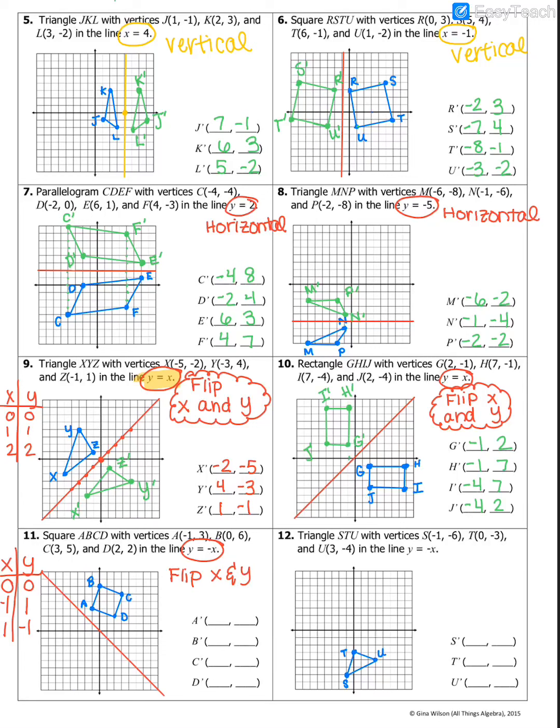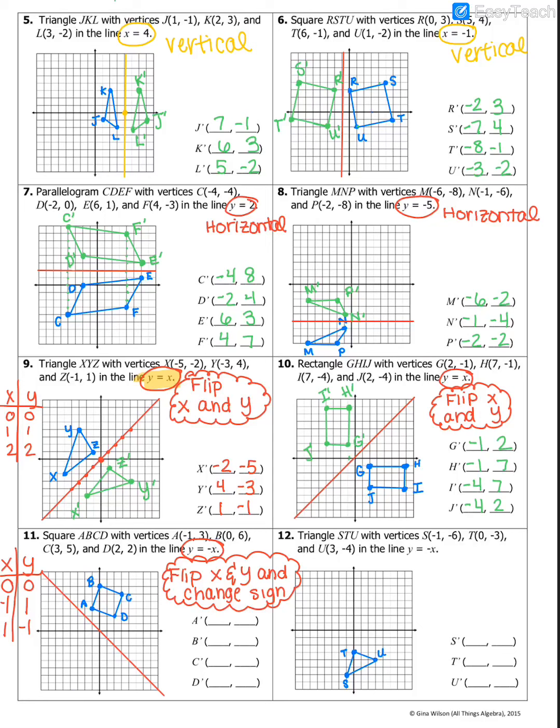But we also have to change the signs. So they're just going to become whatever the opposite of their starting sign is. Okay, and I'm not going to write this twice because it takes up a lot of space. So we'll use this for 11 and 12.